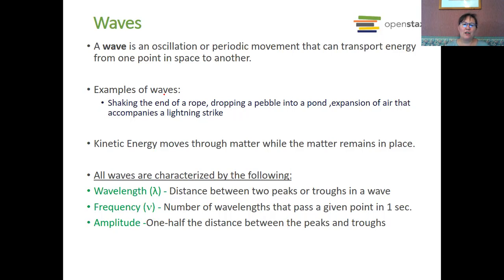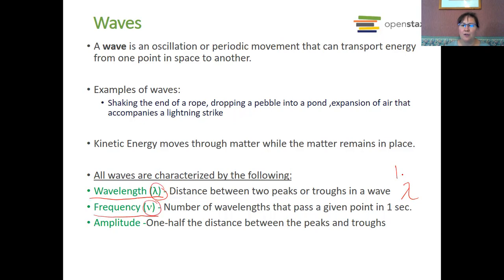Okay, so all waves are characterized by the following. First, we have wavelength, and wavelength has the symbol lambda, and you draw it like this, lambda. It's the distance between two peaks or troughs in a wave. Next you have frequency, and frequency has the symbol nu. It looks like a V, but it's nu.